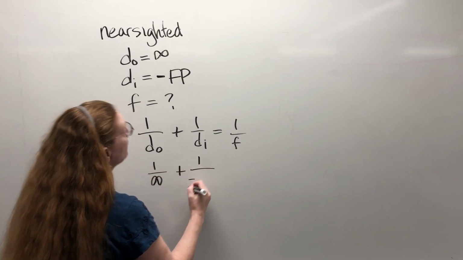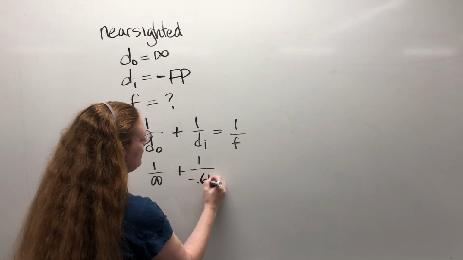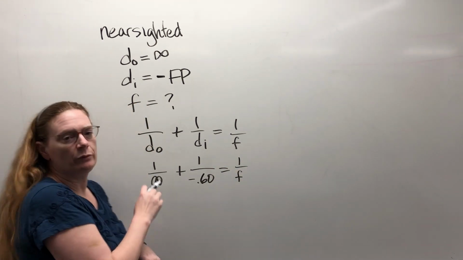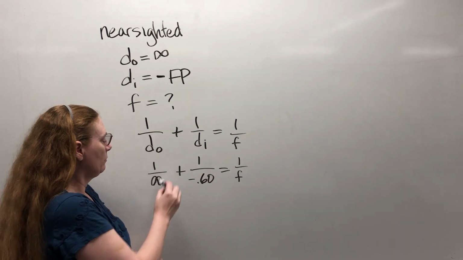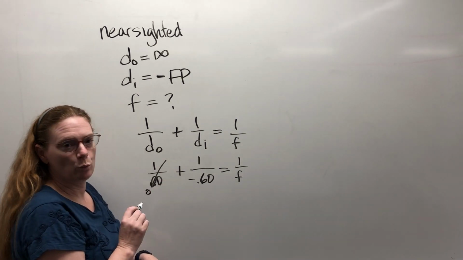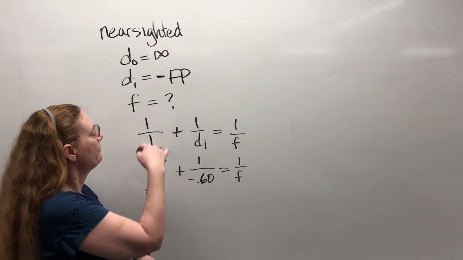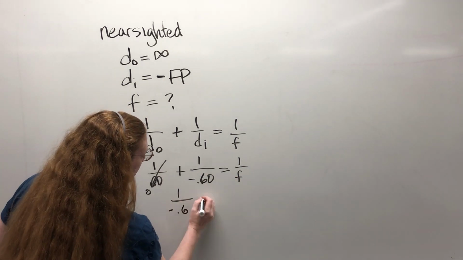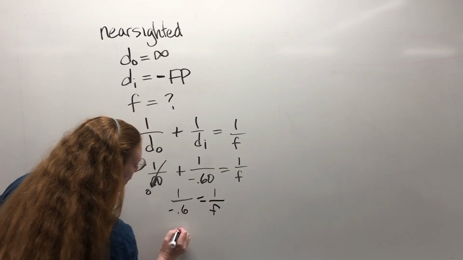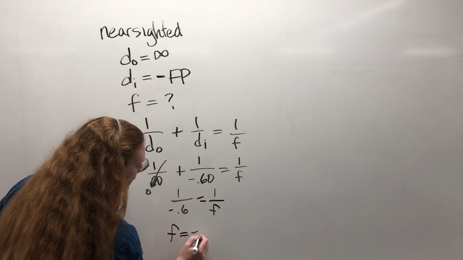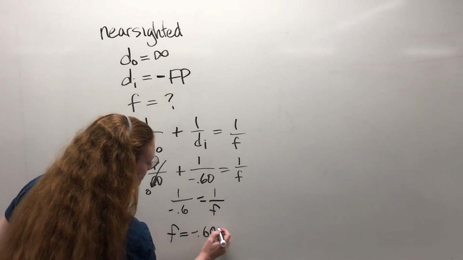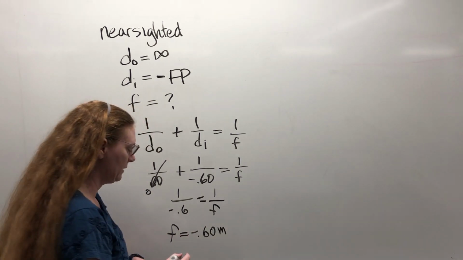DI is my negative far point, which was 60 centimeters, equals 1 over F. Well, what's 1 over infinity? 1 over a very big number is 0. Isn't that nice? So the math for that just goes away. And well, if 1 over negative 0.6 is 1 over F, my focal is negative 0.60 meters. Oops, my bad. 60 centimeters, negative 60 centimeters.